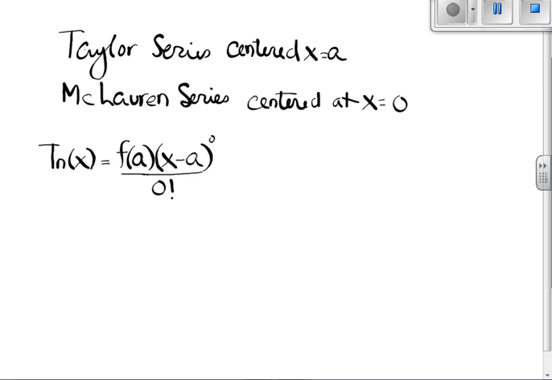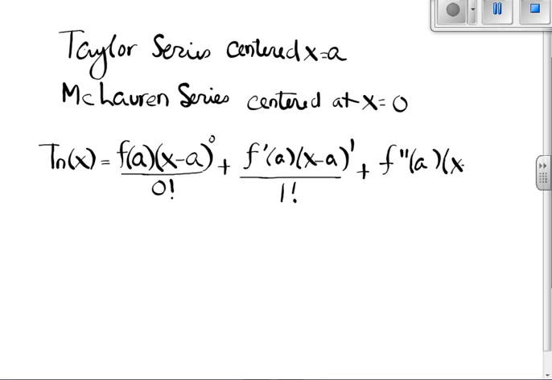That's 1 for some reason. So this is by definition. You can call it whatever you want, but it works nicely. Plus the first derivative at A, x minus A to the first power over 1 factorial. And again, I don't have to write those ones, but I'm just doing it to make a point. What's the next one, Justin? f double prime of A, x minus A squared over 2 factorial.